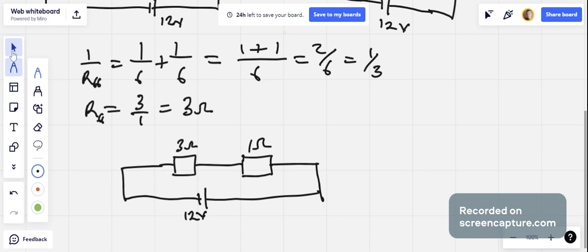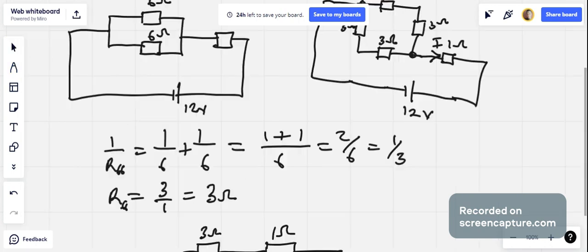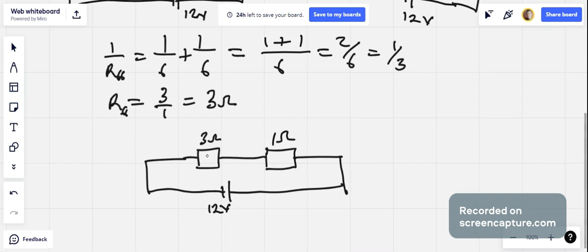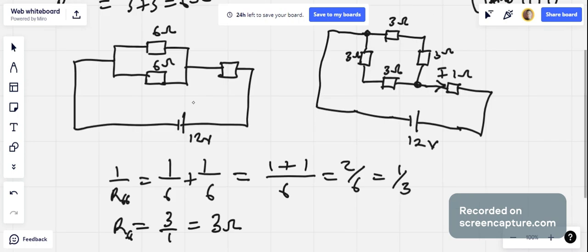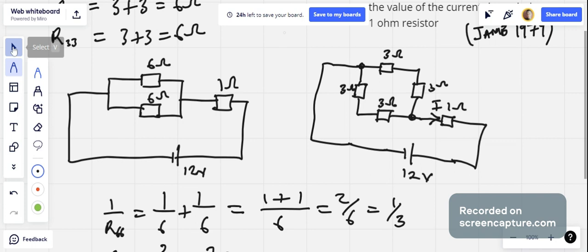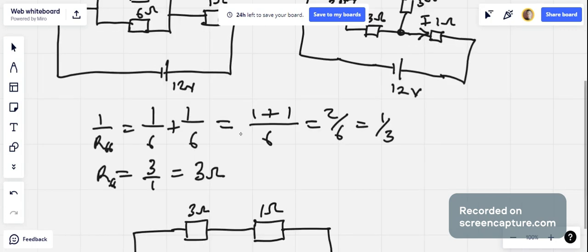So I've resolved this 6 parallel 6 to become one resistor of 3 ohms, which is now in series with 1 ohm.